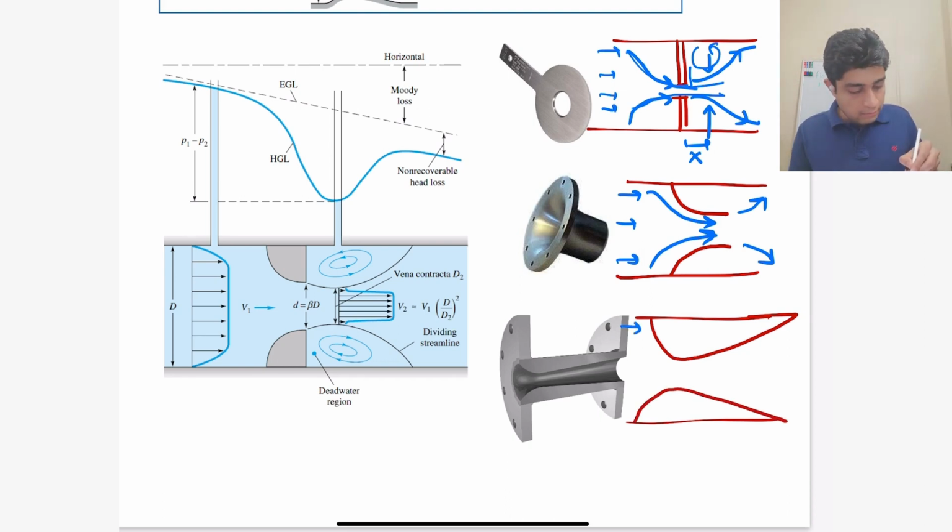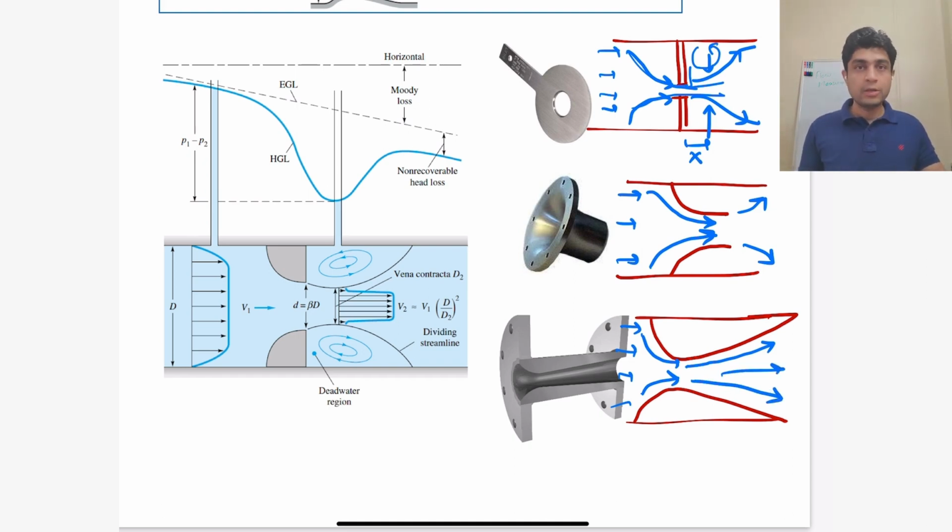As the flow comes in, it can smoothly contract, its velocity increases and pressure drops, and then from this throat it can expand smoothly in this diffuser section. Because of this streamlined geometry, the losses are minimized.